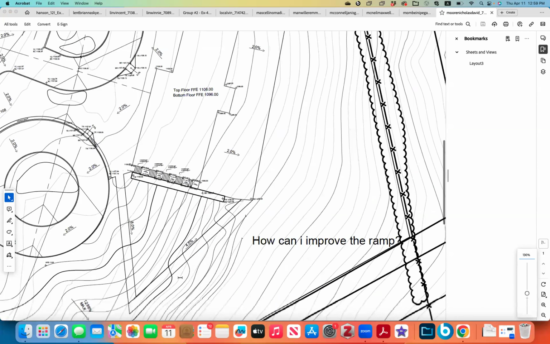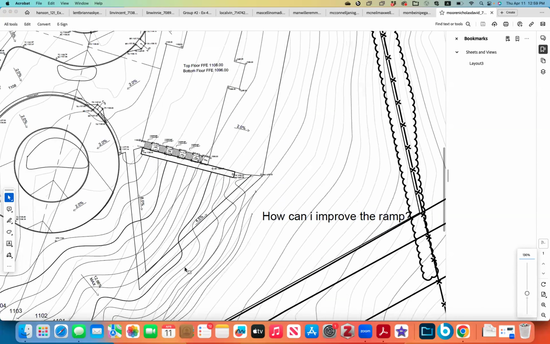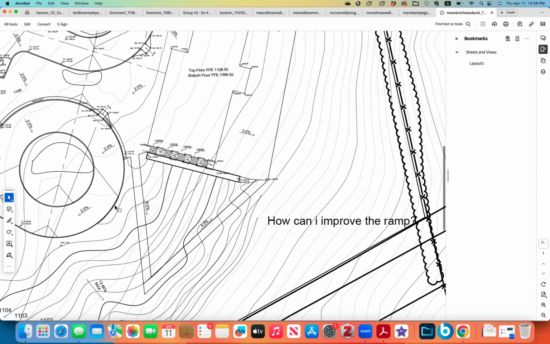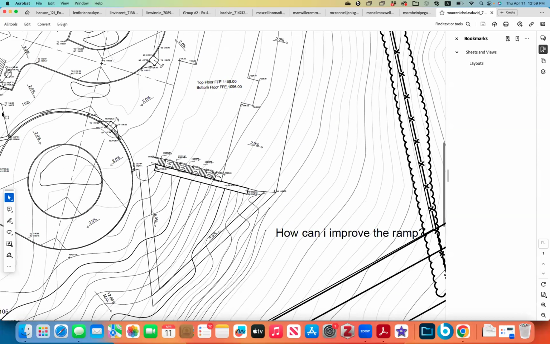I think the ramp contours need to be improved, right? We went through how to calculate it. But I would say uniformly, I would have a 5% slope, having a side slope there, right? From this point on, it's not uniform anymore. So you need to make them uniform. And here it needs to be 2% when turning.